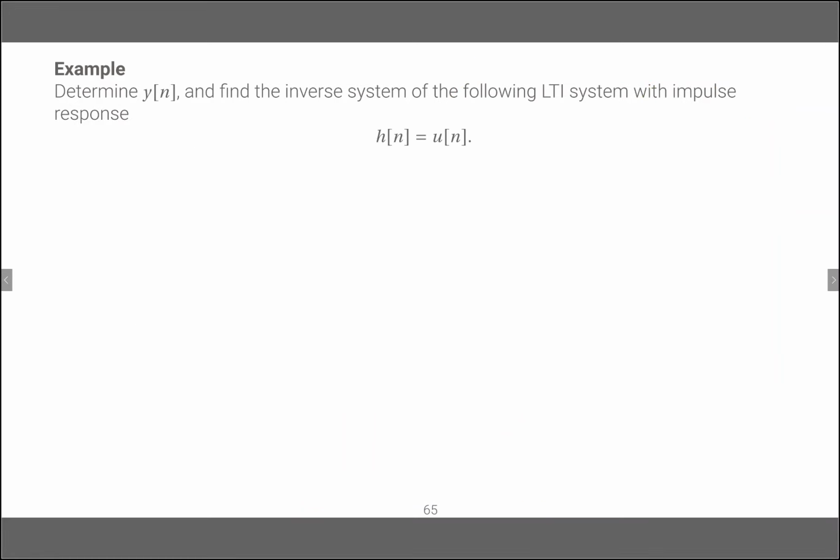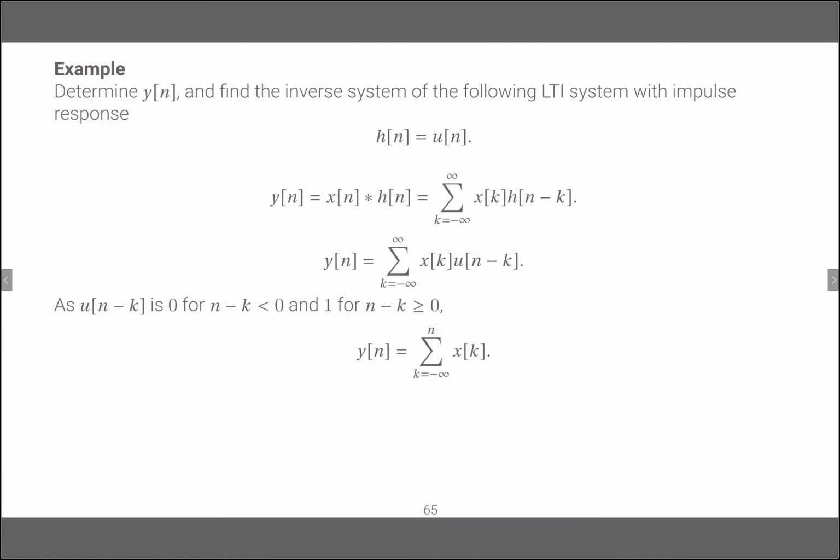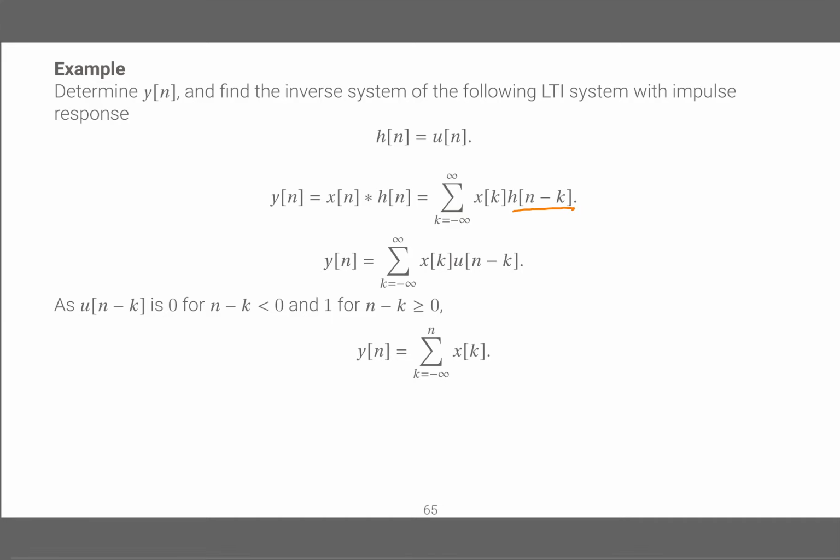Okay, let's take another example. Determine y[n] and find the inverse system of the following LTI system with impulse response h[n] equals u[n]. Let's write the convolution sum expression: y[n] = x[n] * h[n], which is equal to the sum over k from minus infinity to infinity of x[k] h[n minus k]. Then we put in our actual system, u[n minus k].